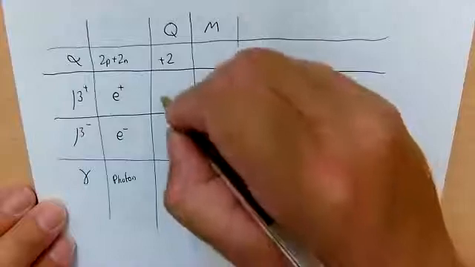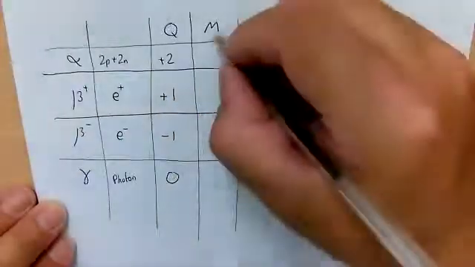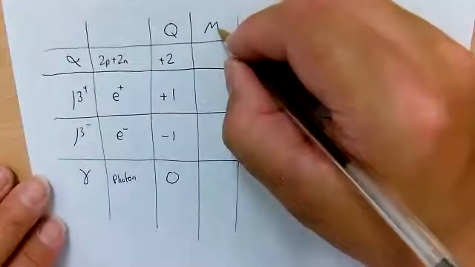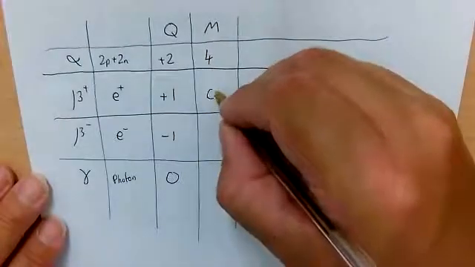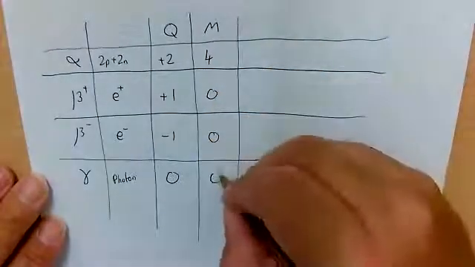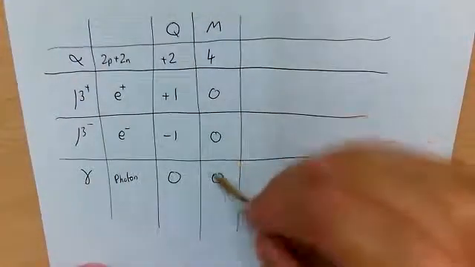The charge of beta plus is +1, then -1, and 0. And with the mass, this is going to be a mass of 4, and a mass of 0. We call it 0. We know it's 1/2000, but we make it easier to work out by just approximating it to 0.